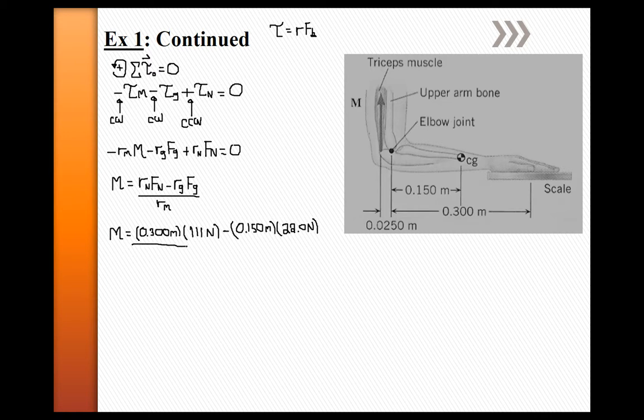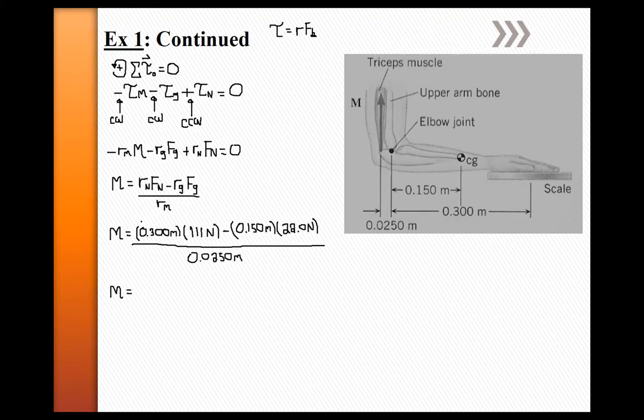And then we're going to divide by Rm, which is the lever arm from the elbow joint to the location that triceps muscle force is acting. So that's that small distance, 0.0250 meters.